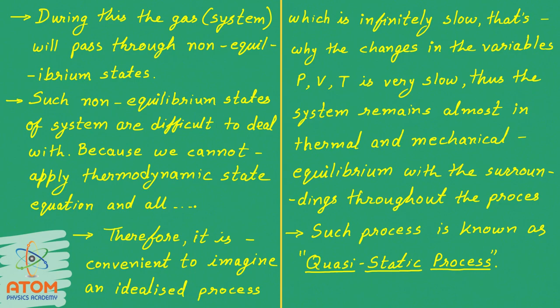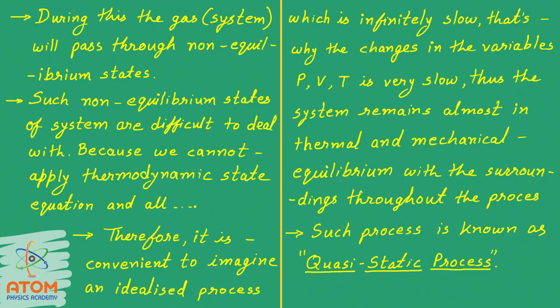For a short time interval, we can say the P, V, T will be found almost constant, and so for that short time interval we can say that the system is in thermal as well as in mechanical equilibrium. This way, throughout the process, at any moment, any point, we can say that the system is in thermal and mechanical equilibrium.